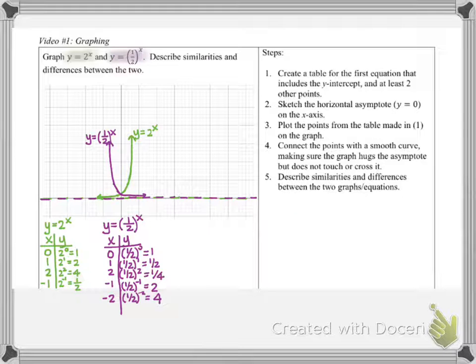So I would say that the green one is growing exponentially. And the purple one, I would say, is shrinking exponentially, because my y values, as I go from the left to the right, are actually getting smaller.